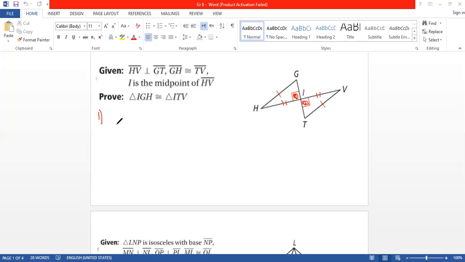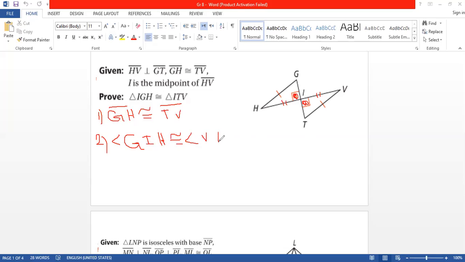Condition number one, we have GH congruent to TV. Condition number two, we have angle GIH is congruent to angle VIT.